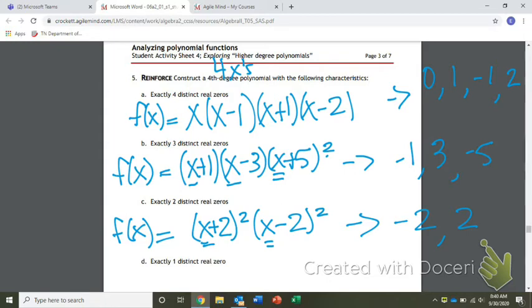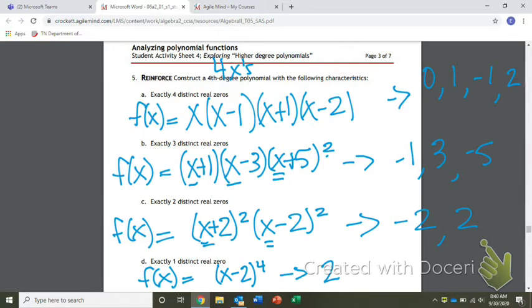Now, D, it says exactly 1. So, f of x, you're going to want to make your parentheses to the 4th power. X minus 2 to the 4th power. That means I have 1, 2, 3, 4 x's. But I only have 1 zero, and that is a positive 2.